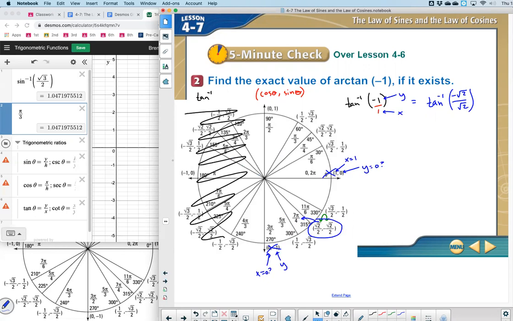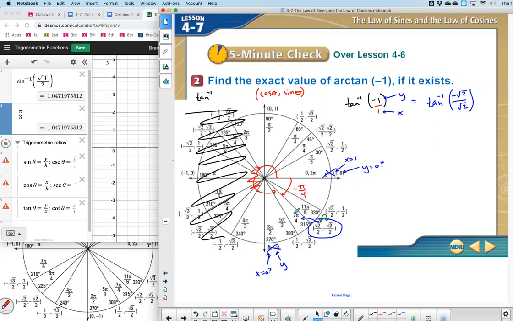Well, let's check that back. It says it's 7 pi over 4, but 7 pi over 4 is going around this way, and we've already eliminated that. So it's not going to be 7 pi over 4, because that got scribbled out. What it will be, though, is the solution going this way. If I went negative, all the way around would be 8 pi over 4. So this must just be negative 1 pi over 4.